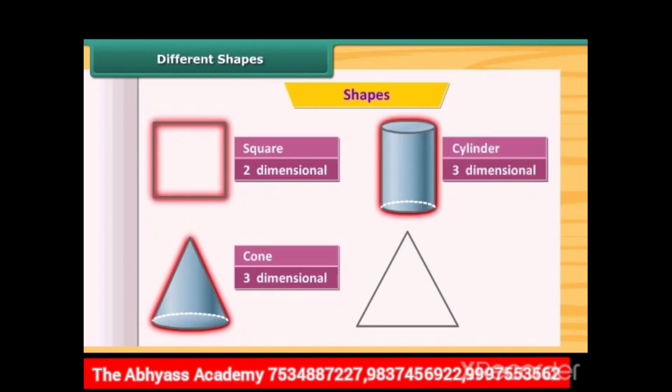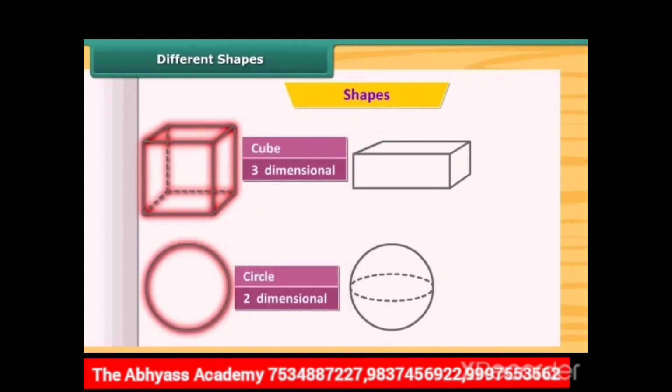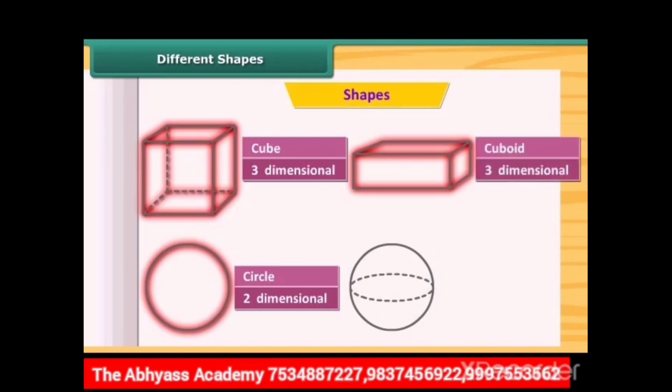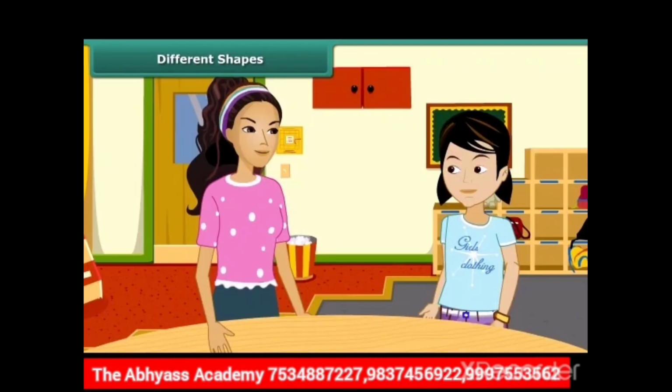This is also three-dimensional. This is a triangle and this is two-dimensional. Circle, two-dimensional. This is a cuboid and is three-dimensional. And this is, is it a sphere? Yes, this is a sphere and is three-dimensional. Wow, Rita, you are learning so fast. Tell me more about these shapes. Come.